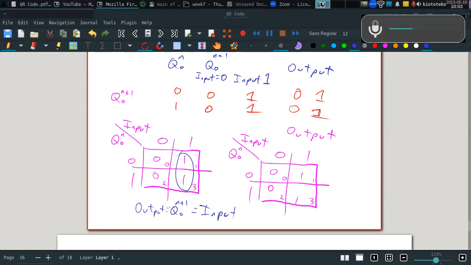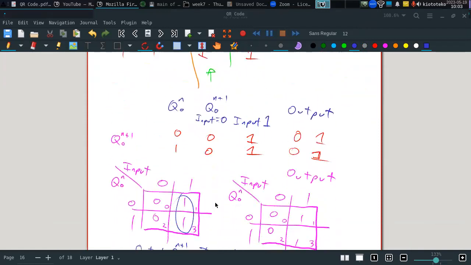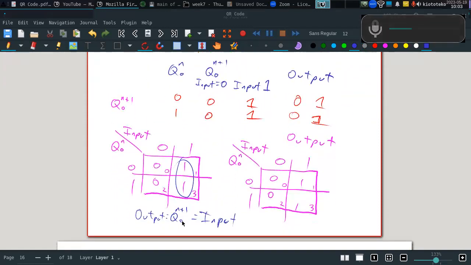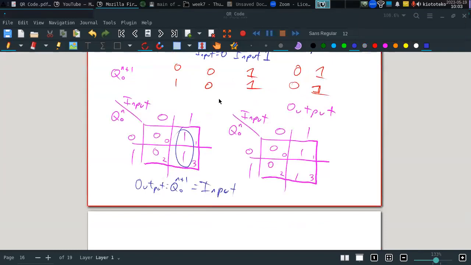So that's it, no? We need to have a circuit that expresses this relation. So how would you create a circuit that does this? Any guess? We need to have a circuit that does this.